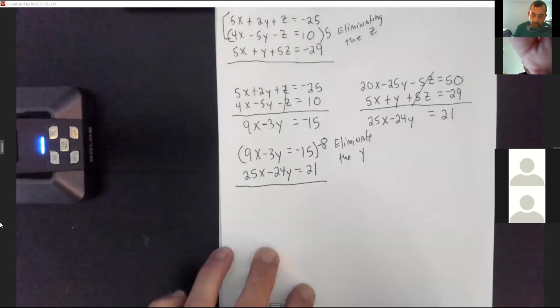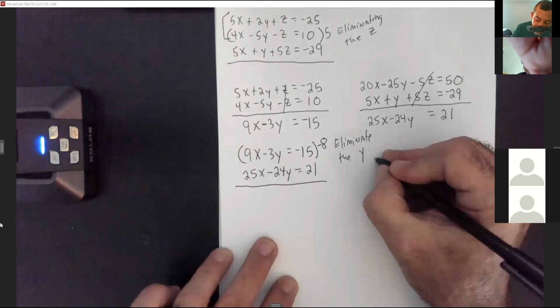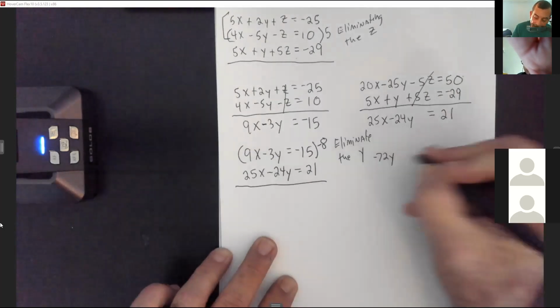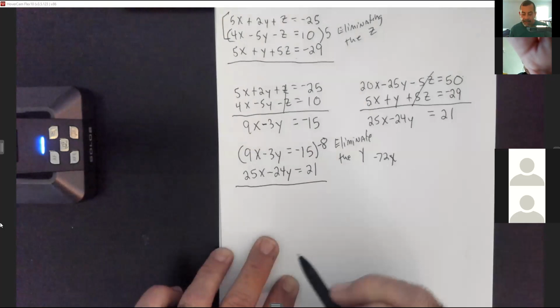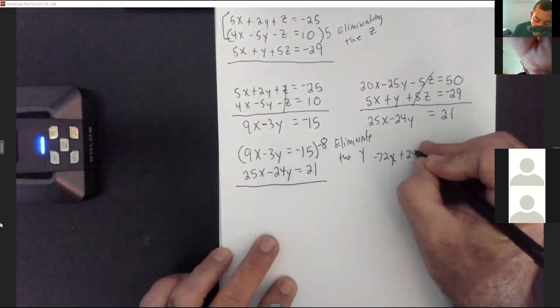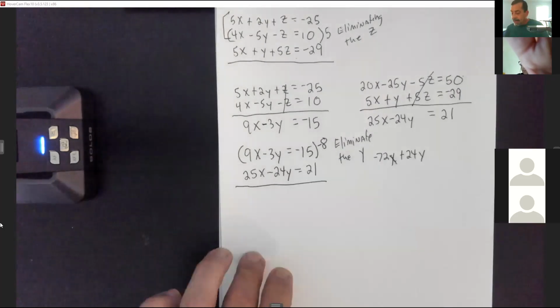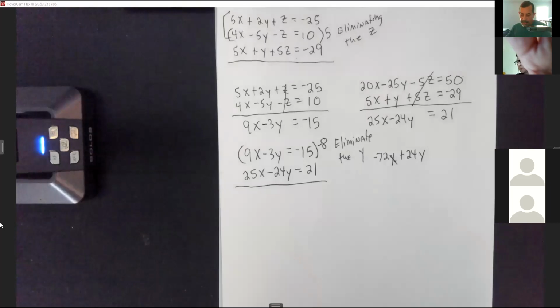So watch what happens. 9 times negative 8 is negative 72x. Negative 3 times negative 8 is a positive 24y. And then negative 8 times negative 15 is what? Positive 120.